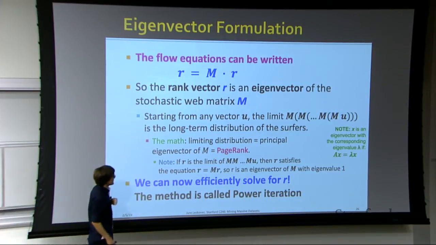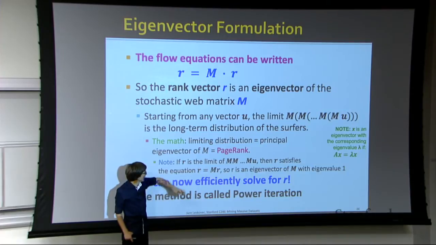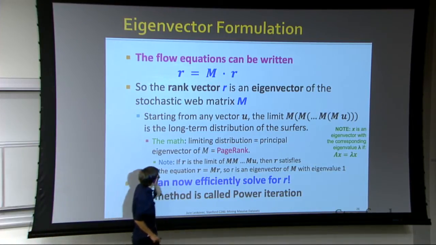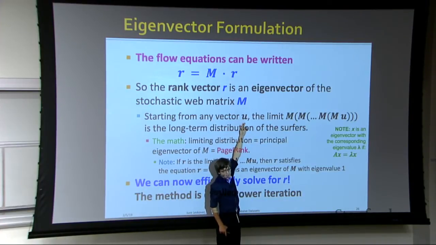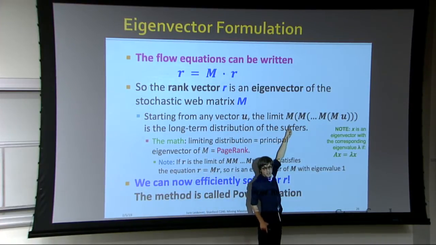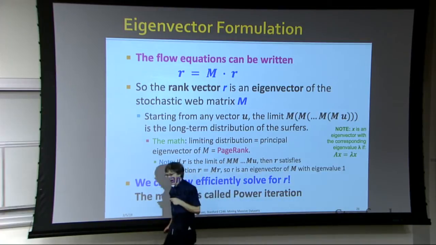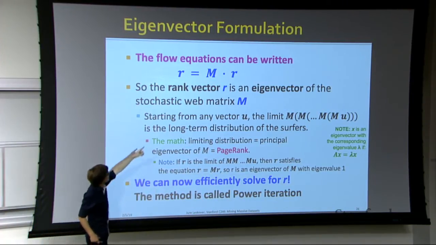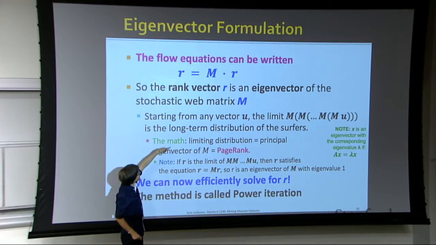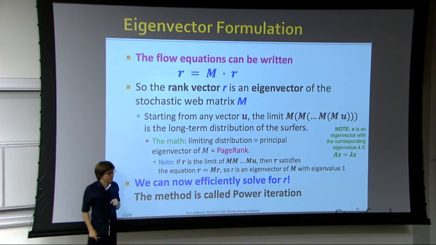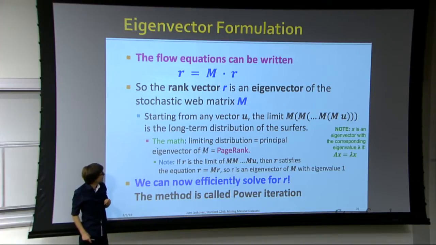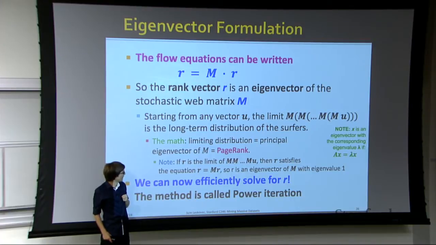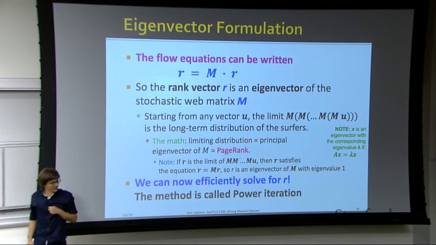So from this point of view, this is now very efficient to solve. All I have to do is take some vector u and keep multiplying it with M for a very long time. Usually 50 iterations is enough, and in 50 iterations this computation will converge to the principal eigenvector. This is the eigenvector that corresponds to the eigenvalue with value 1.